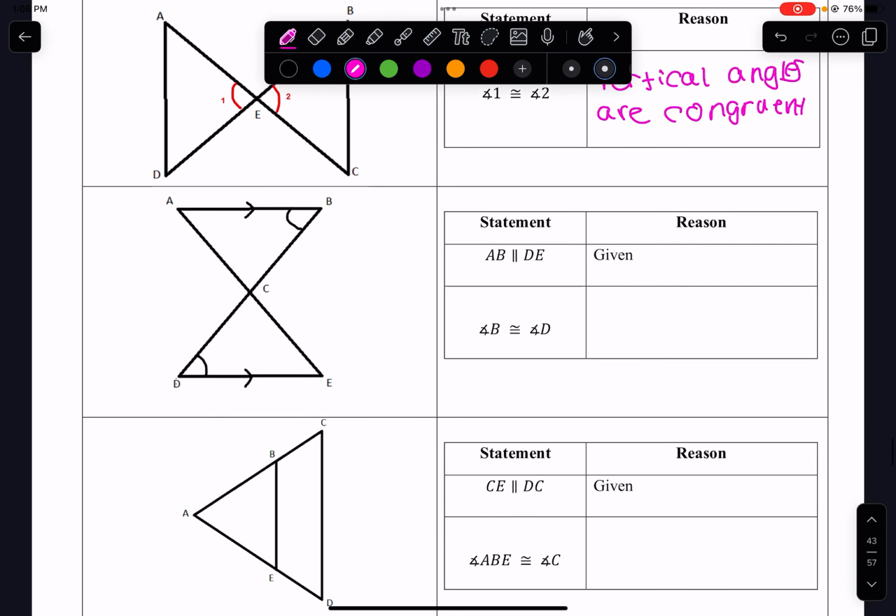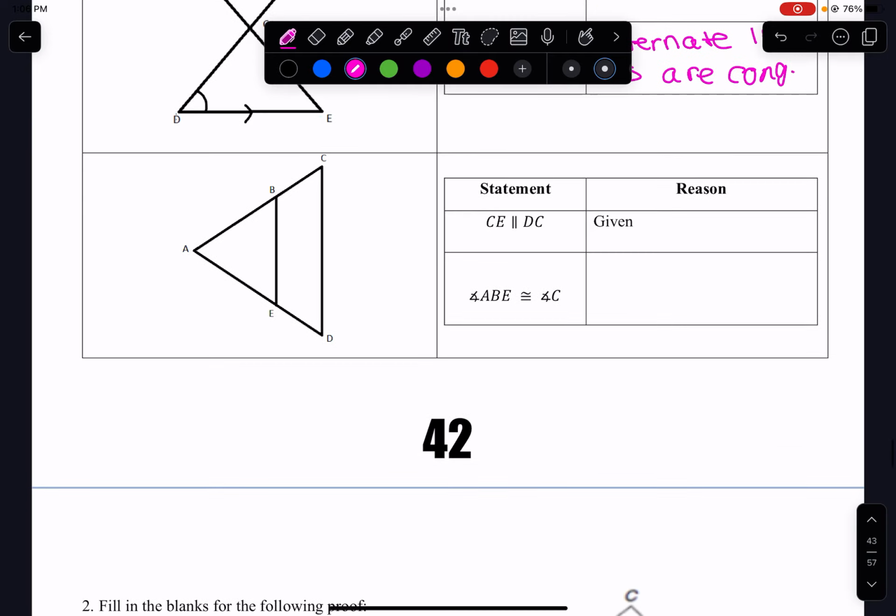And the next one, given that I have parallel lines, I can say that angle B is congruent to angle D because alternate interior angles are congruent. So again, given parallel lines, I can say that angle C is congruent to angle ABE because corresponding angles are congruent.